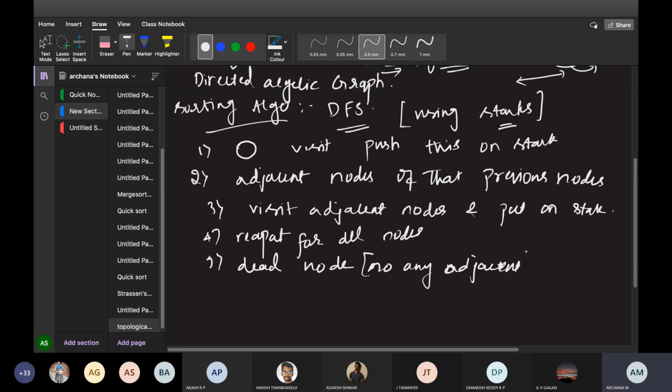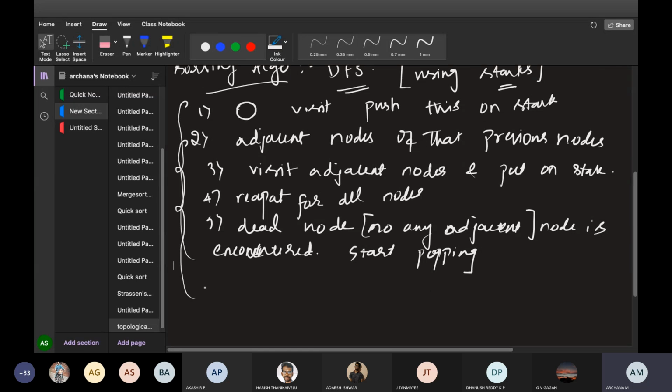I'm just explaining this before going to that graph. When a dead node is encountered, start popping. This is a very, very important procedure for DFS.